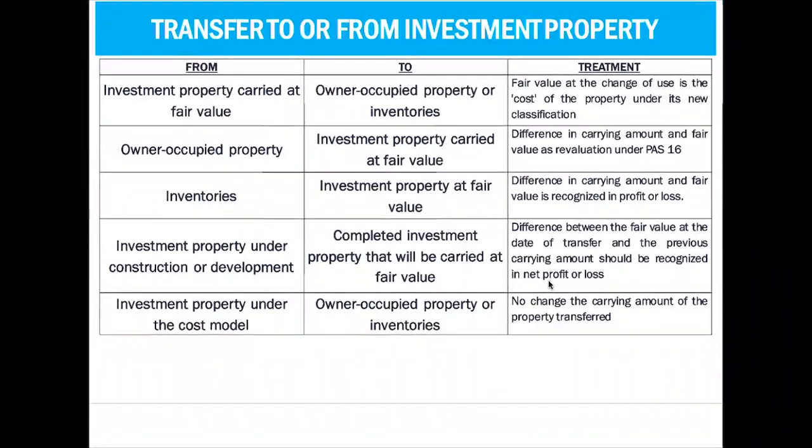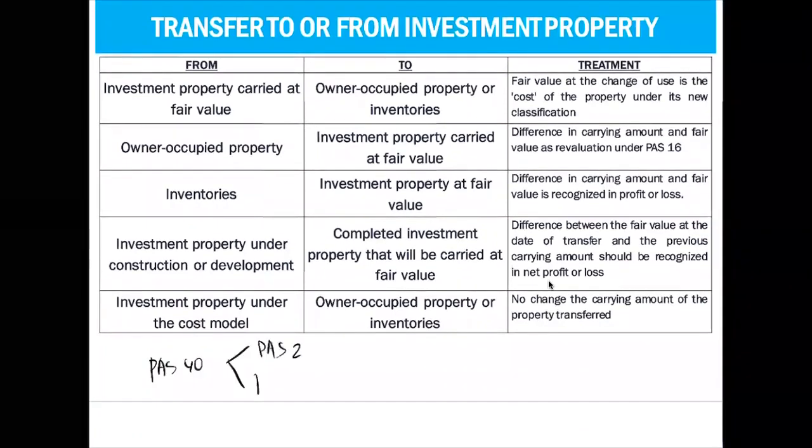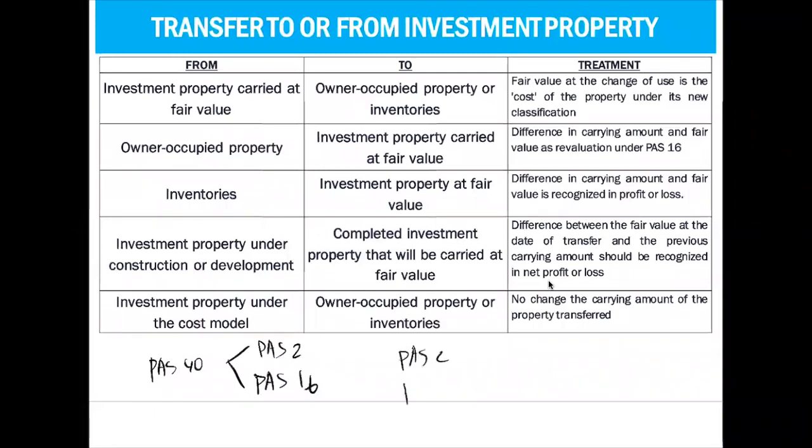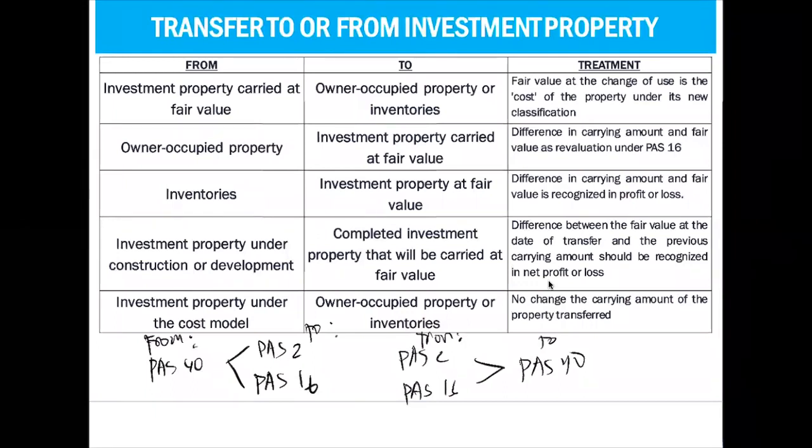So ang pwede lang kasi nating paglalagyan is from PAS 40 to PAS 2 or PAS 16, or from PAS 2, PAS 16 to PAS 40. Yan yung mga pwede. Mga ganon. So what is the treatment if it is from investment property?